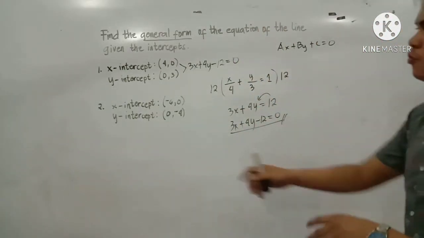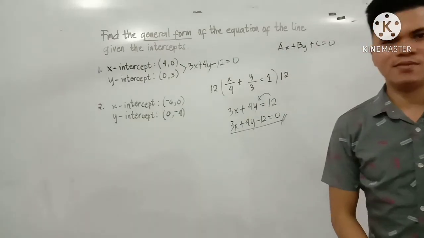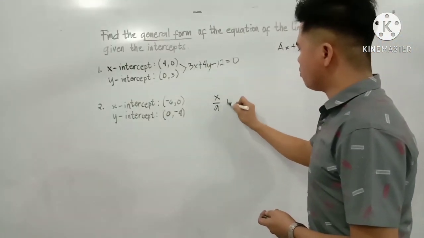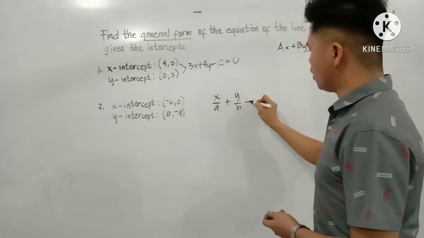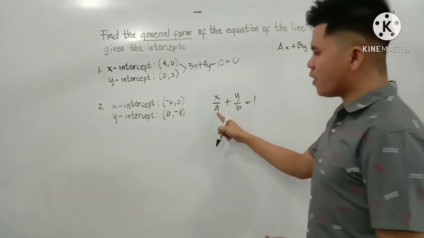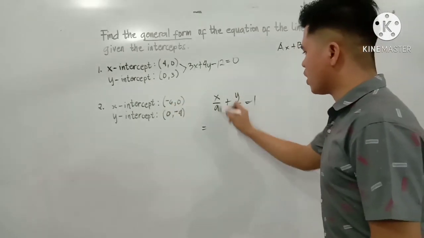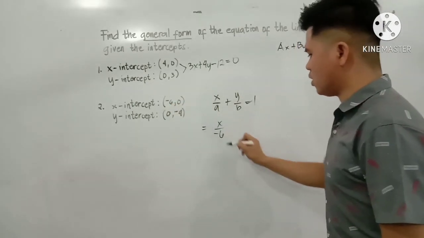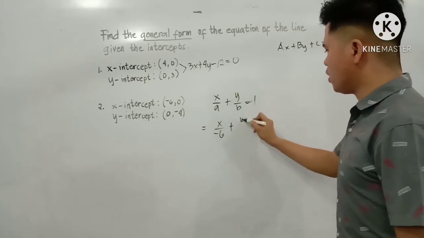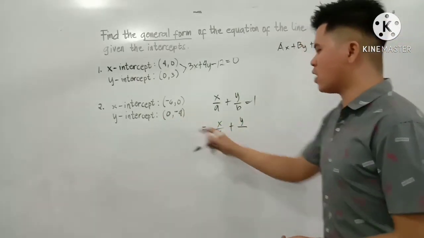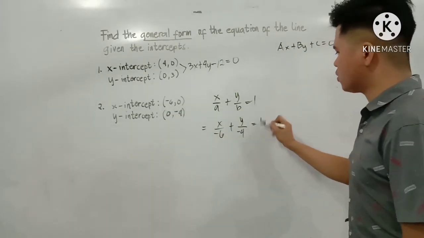So how about the problem number 2? So we have here x over a plus y over b equals 1. So our a is referring to the x-intercept, which is negative 6. So we have here copy x over negative 6 plus copy y over our b, referring to the y-intercept, negative 4, equals 1.